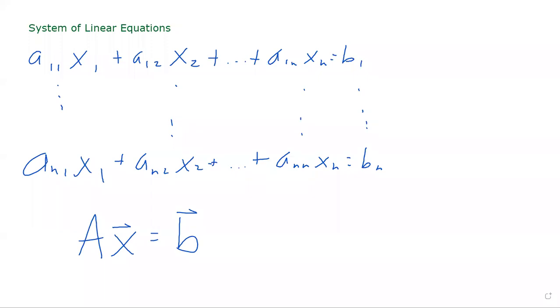A way we could visualize this is that A is going to be A11 up to A1n, down to AN1 with ANN.